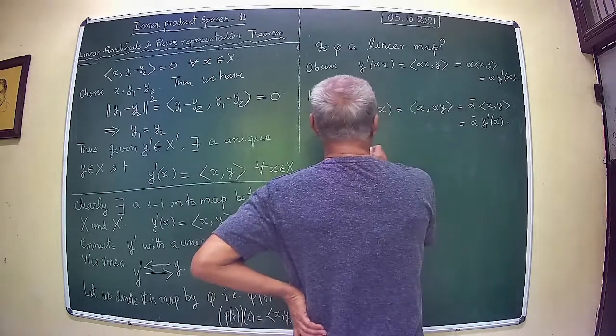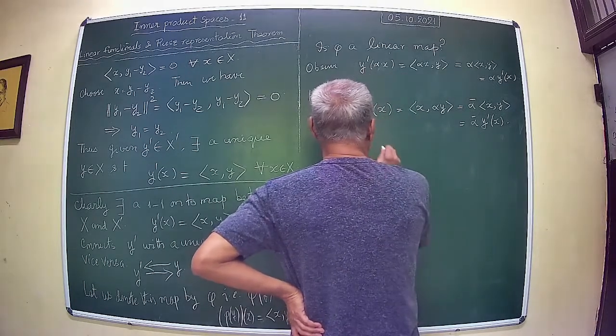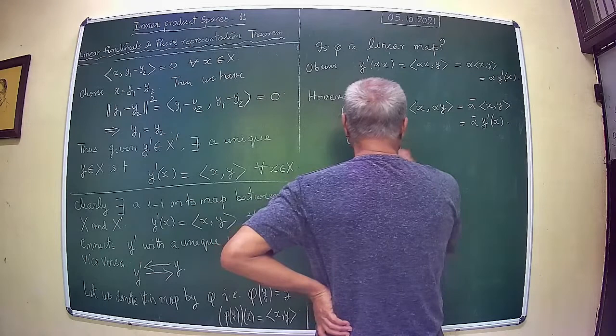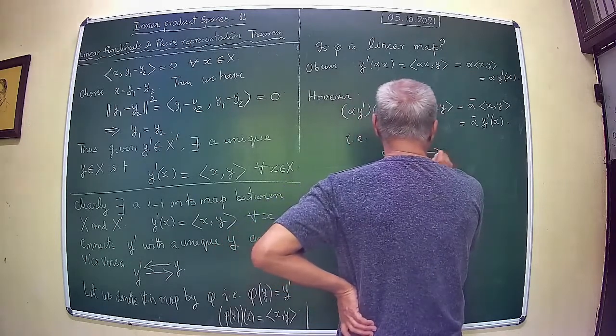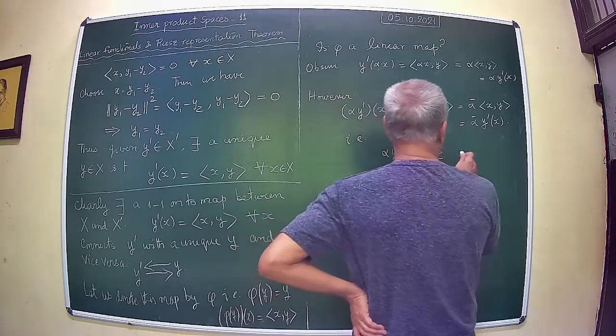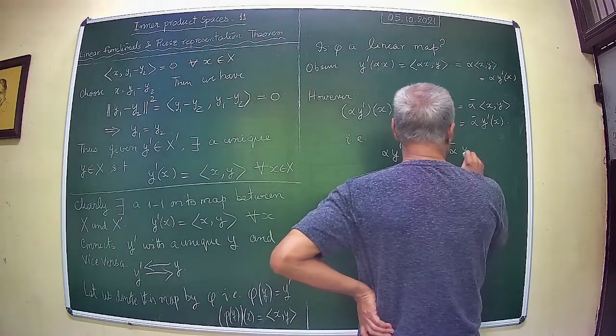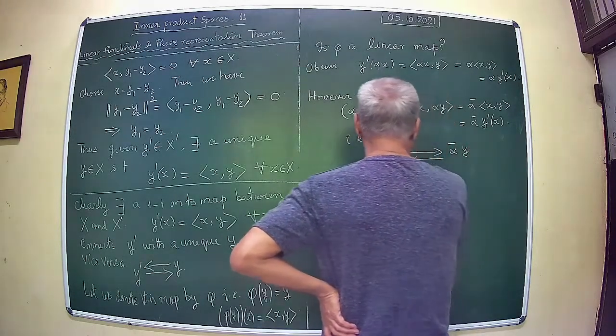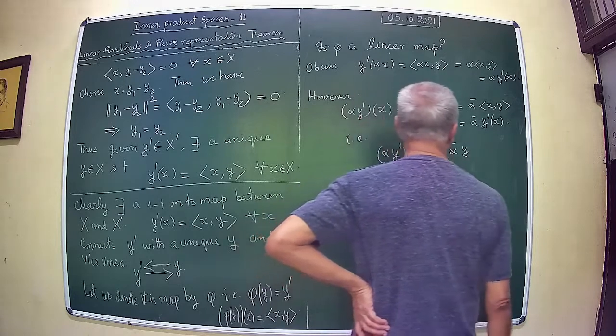See, that is, alpha y prime is associated with alpha conjugate y.